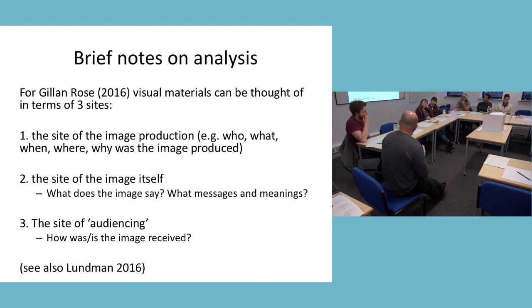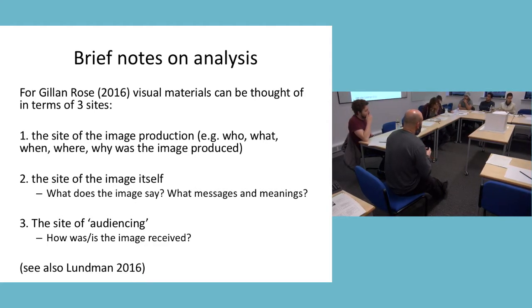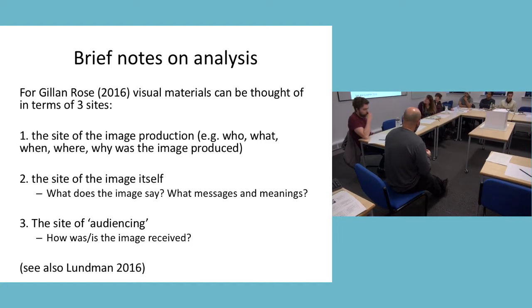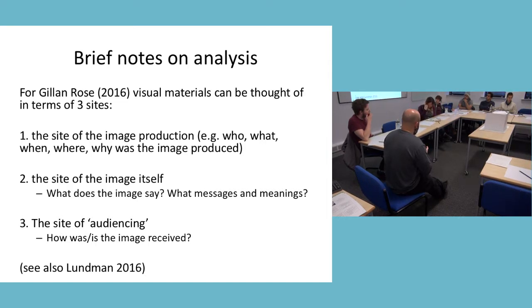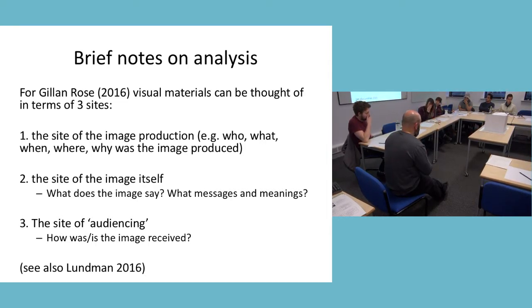So the first is the site of production: when was the image created, who created it, why was it created, what were the conditions. So when we think about the heritage image I showed you of Plymouth Civic Center, that image was created for a very purposeful reason about celebrating the modern lifestyle of the new Civic Center. Here comes Plymouth, rebuilding after World War II and everything, the way forward and stuff.